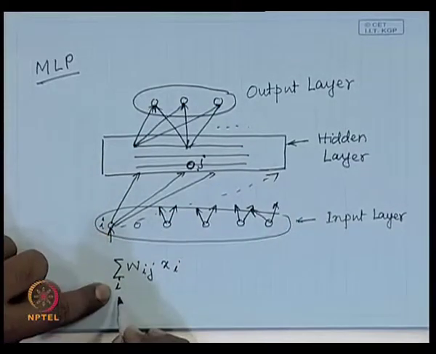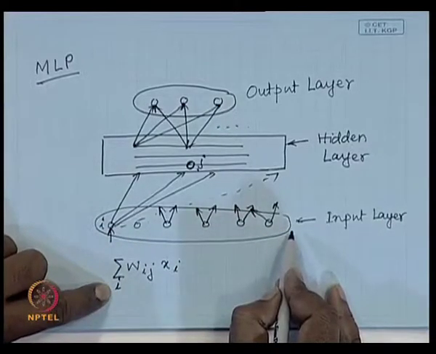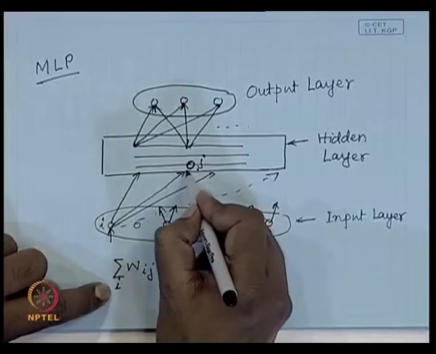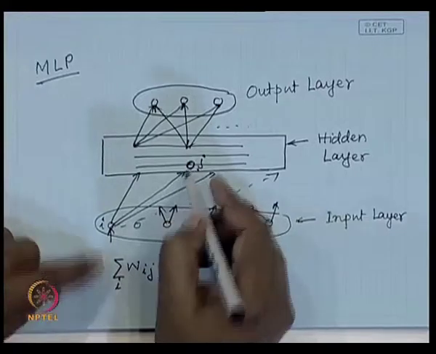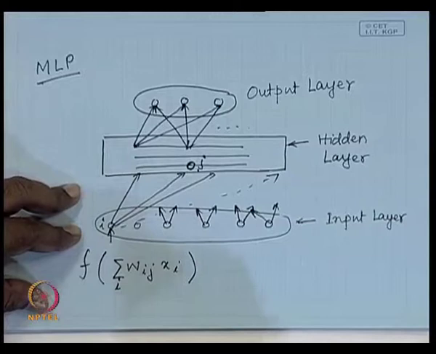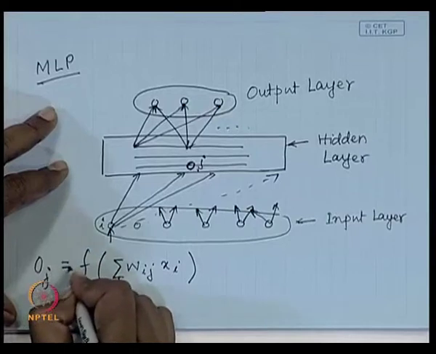So, this i corresponds to the ith node in the previous layer. This is the total input to this jth node. Then you apply a nonlinear function f over this, and this gives you the output of the jth node, which is O_j.